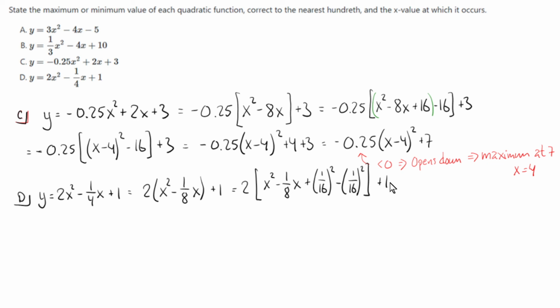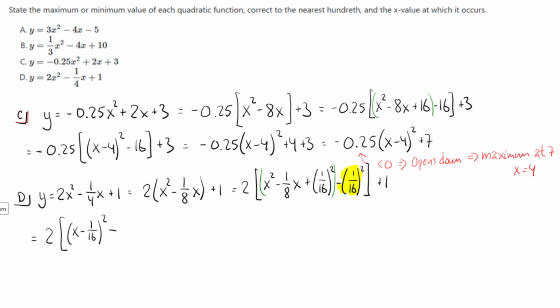So now we can go ahead and factor this perfect square trinomial that we have here. So we have a 2 times x minus 1/16 squared minus, and at this point I'm going to evaluate the following quotient. So I want to square it.